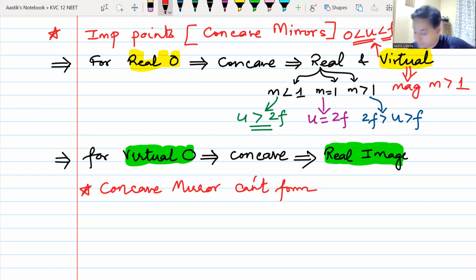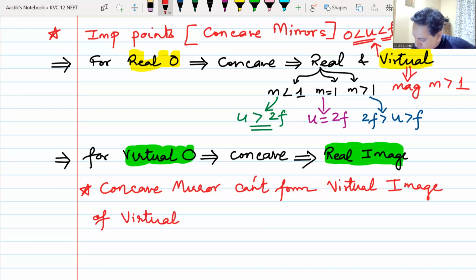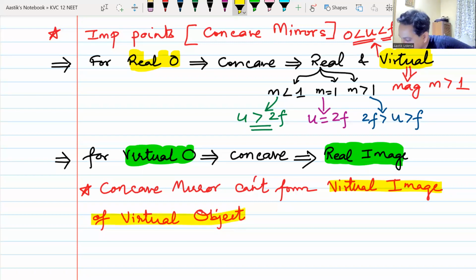It cannot form virtual image of what? A concave mirror cannot form virtual image of virtual object.